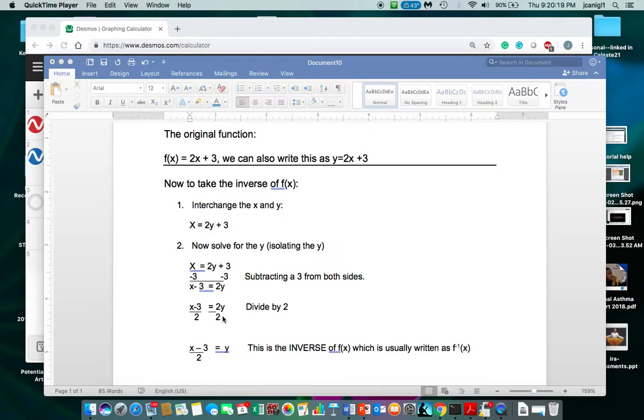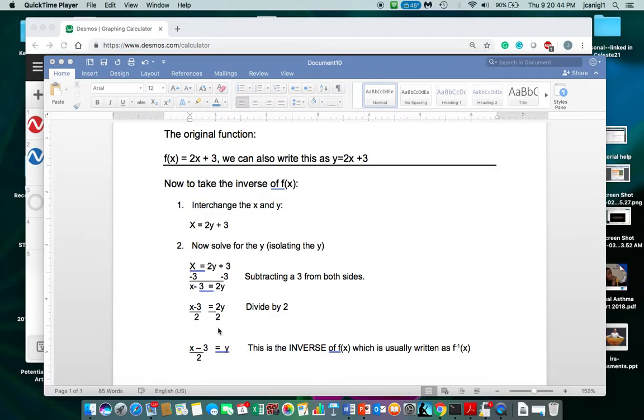And that gives me, remember that this can be renamed as 1, so now I have x minus 3 divided by 2 is equal to y. Now this is the inverse of the original function.